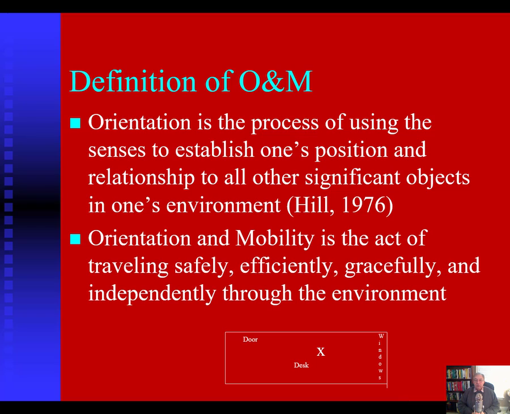What would happen, however, if the individual walks into a room, or even beyond that, if the individual wants to think about the room and the person is not in the room? It's no longer the relationship of the individual to objects in the room. Now the individual has to have an understanding of the relationship of the objects to each other in the room.